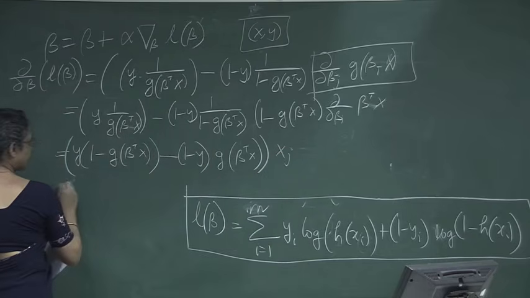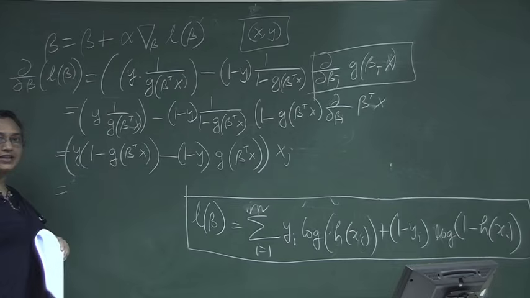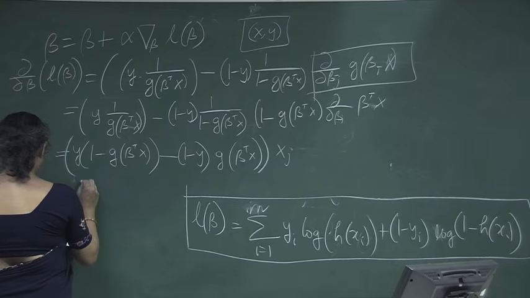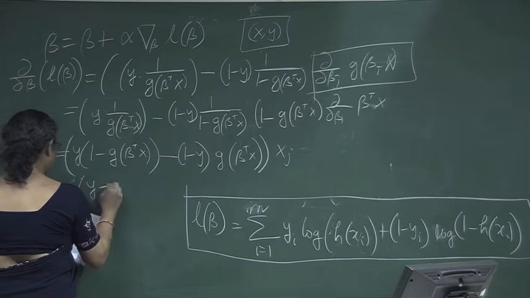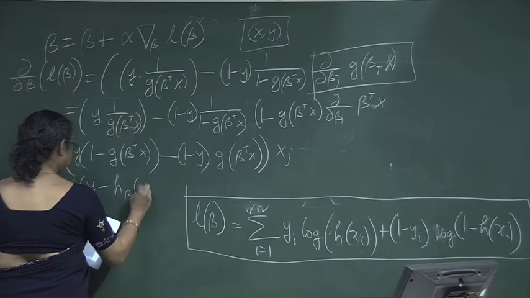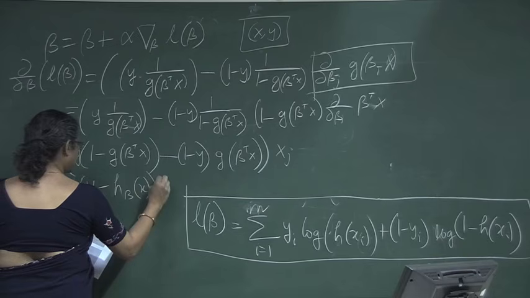We have used the fact that g'(z) equals g(z) times (1 minus g(z)), and we get (y minus h_beta(x)) times x_j.